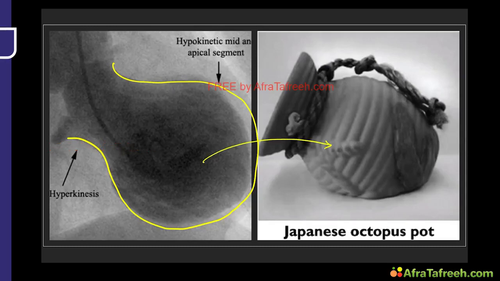This Takotsubo is an object used in Japan for trapping octopus. The left ventricular apex appears similar to the Takotsubo. That is the reason why it has been named Takotsubo cardiomyopathy.